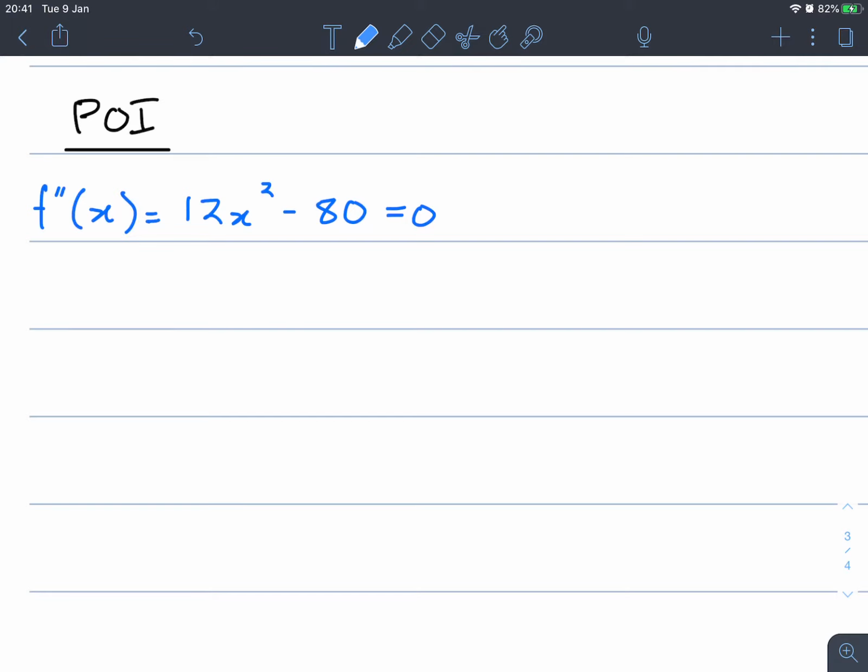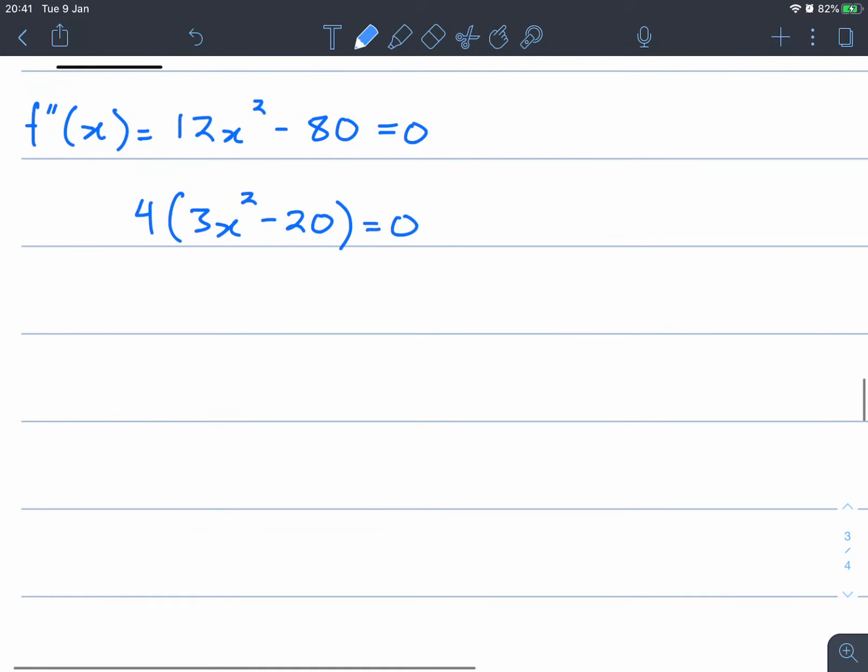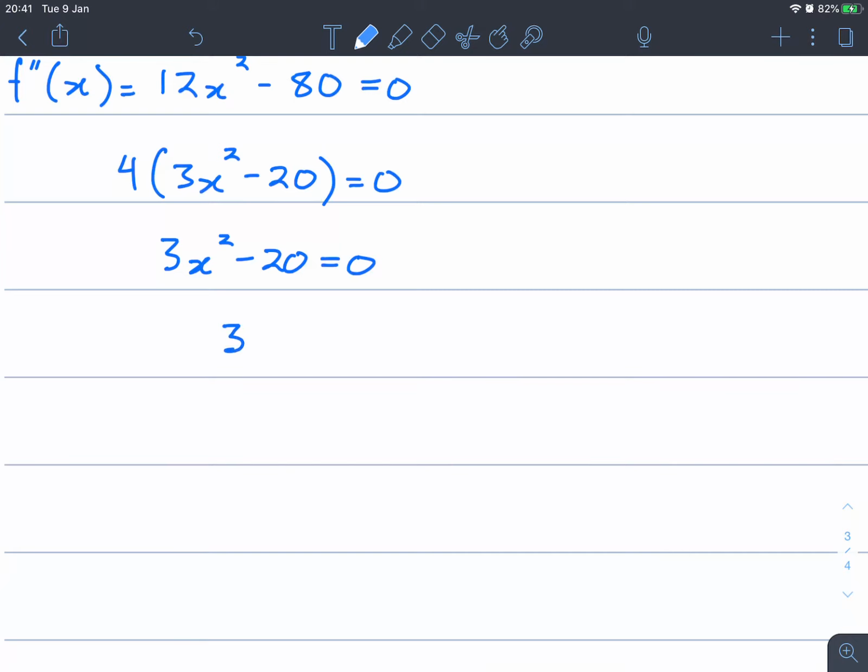So for this, I'm going to divide out by 4. 3x squared minus 20 equals 0. Dividing both sides by 4. And then solving for x.